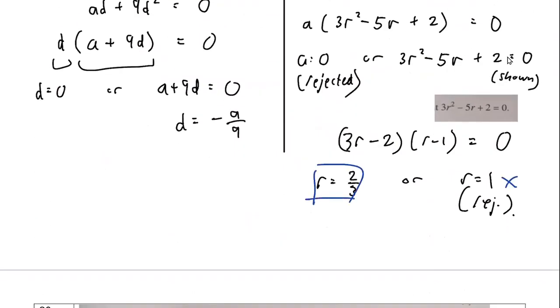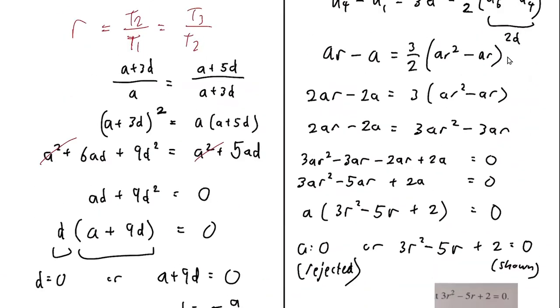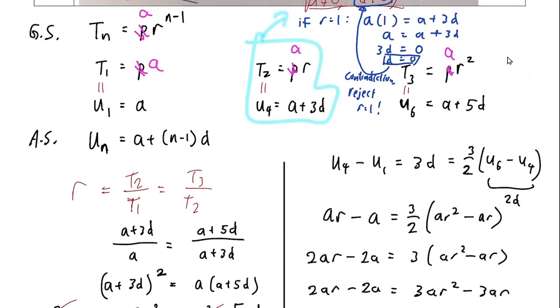R is 2/3, which means that my geometric series is A times 2/3 to the power of n minus 1. I mean the sequence. In this case, I use the letter Tn, right? Yeah, Tn.